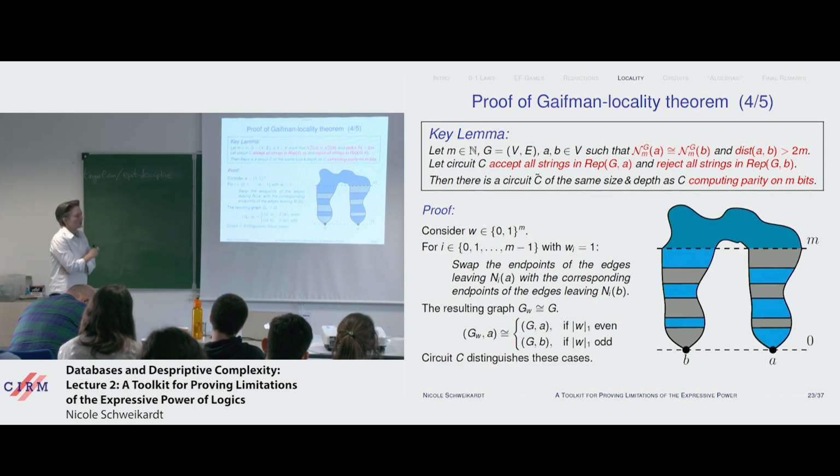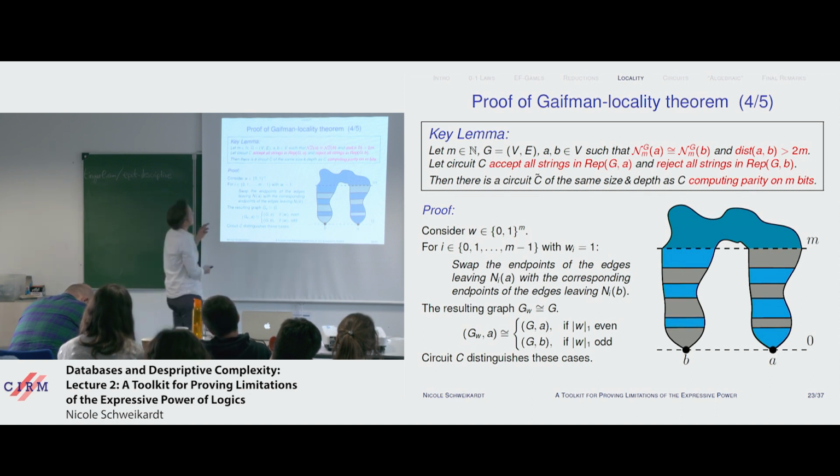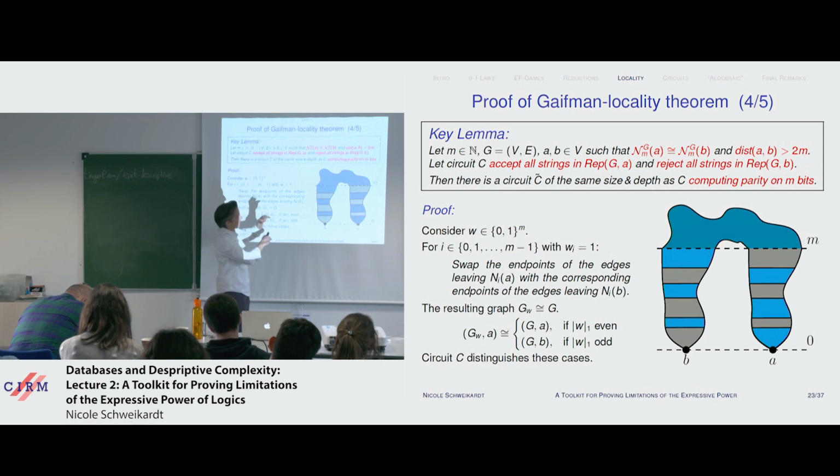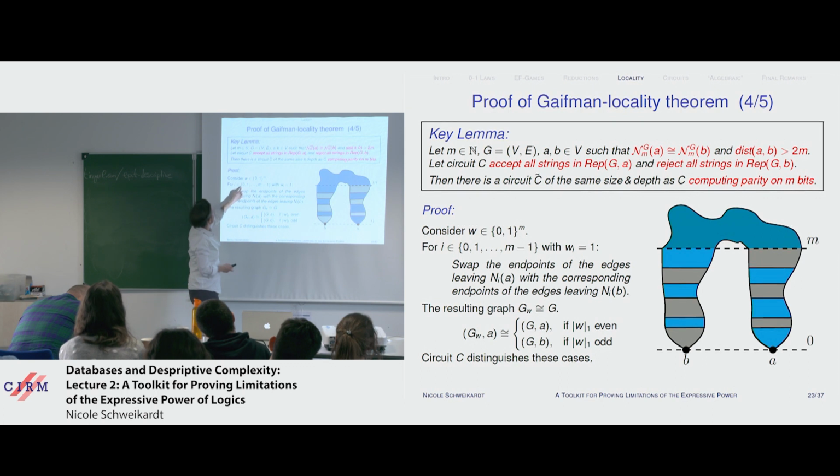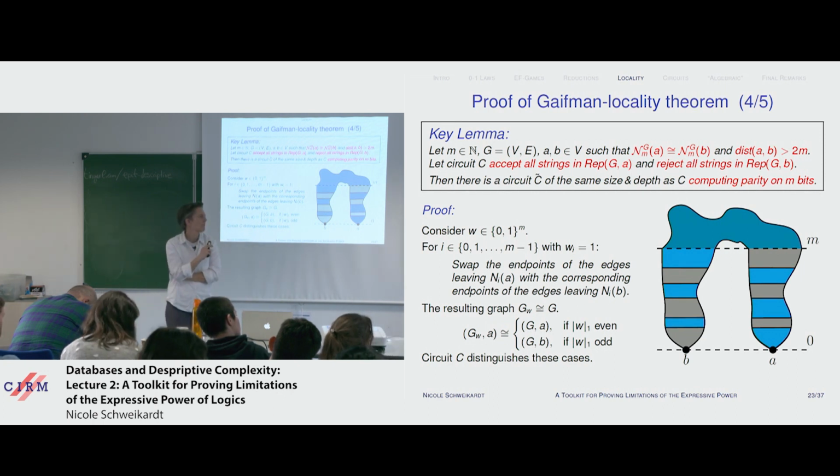And that's exactly what you do, and your circuit here can distinguish between A and B. And then you have to do mild modifications in the circuit to obtain the new circuit where everything is wired in a fixed way that regards the graph, and only the stuff about this swapping of the edges will depend on the input string W.